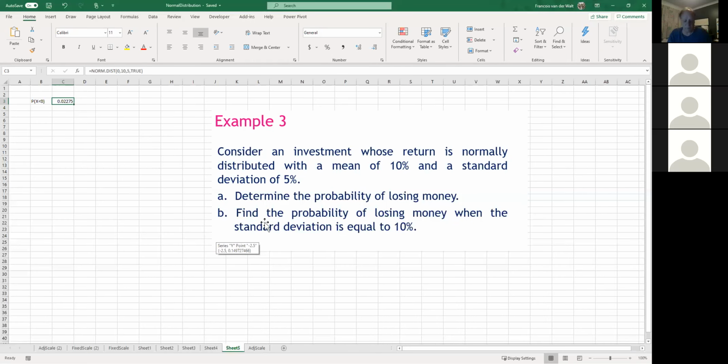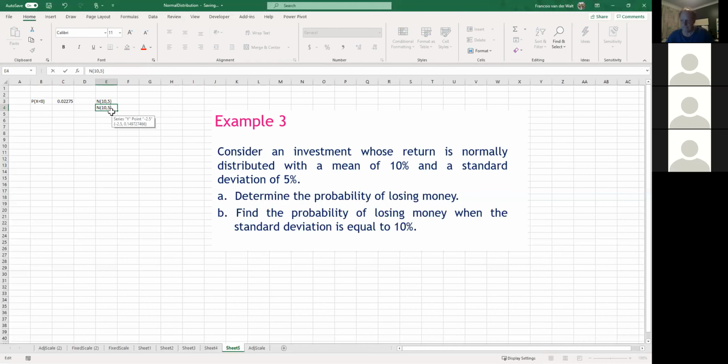The normal way they wrote this, the assumptions in shorthand, is normal distribution of, in this particular case, 10, which is the mean, and the standard deviation of 5. And the next question is normal distribution, but the standard deviation is 10.